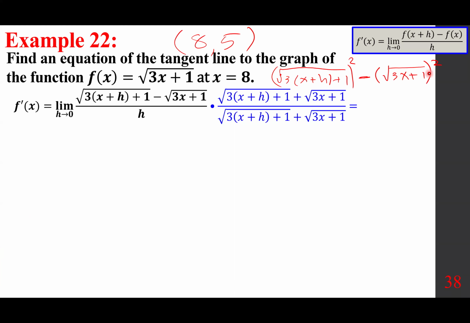So each one just comes out. This becomes 3 times x plus h plus 1, minus this becomes 3x plus 1.